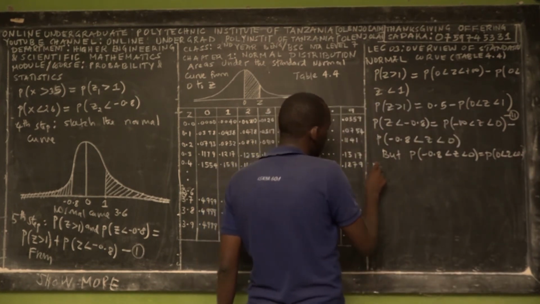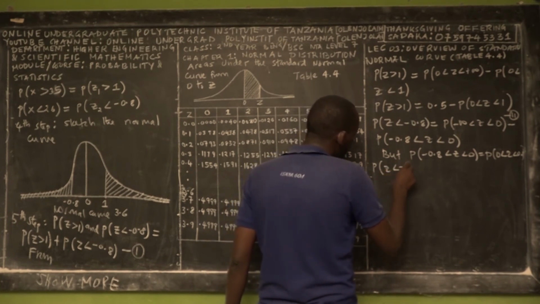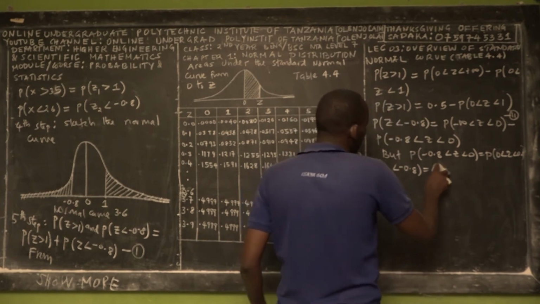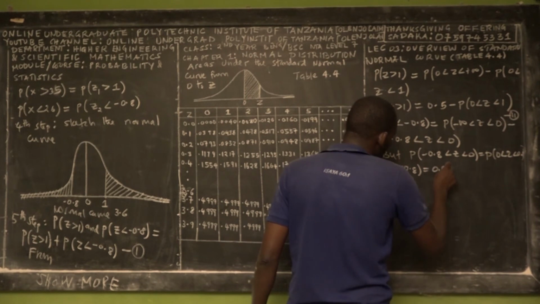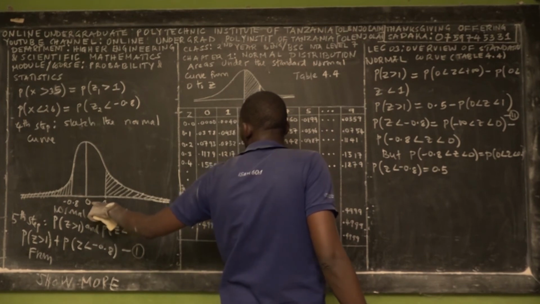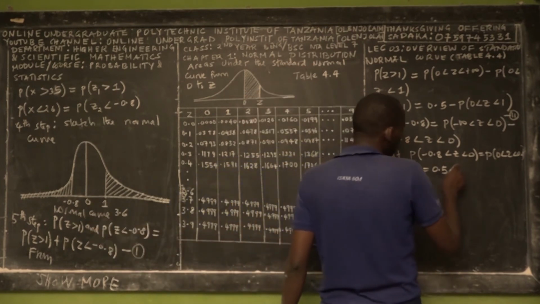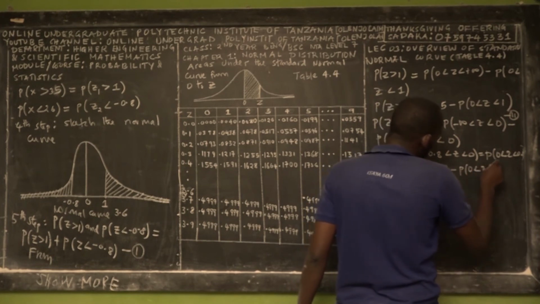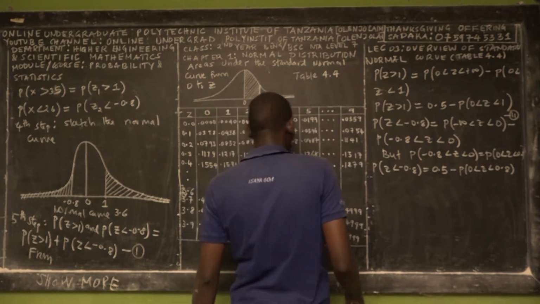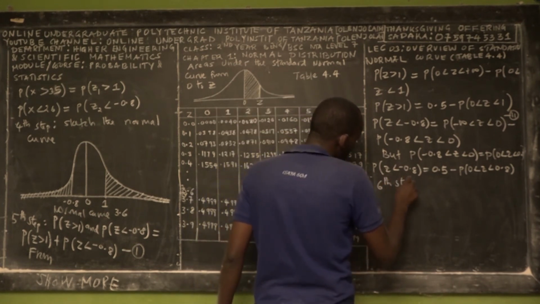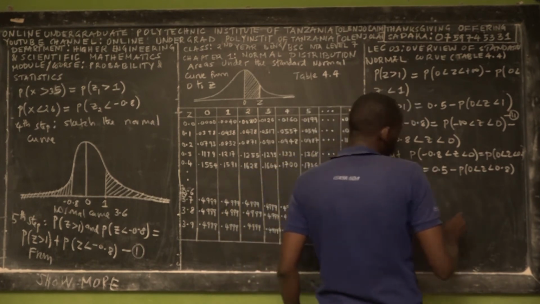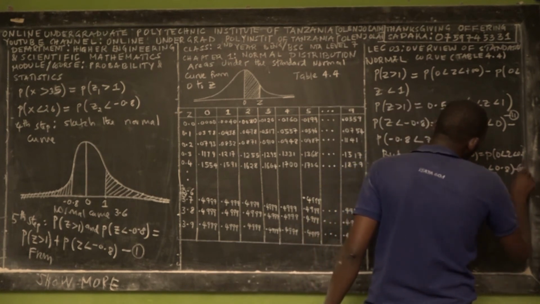So the probability of z less than negative 0.8 is equal to 0.5, because the total area under the normal curve from negative infinity to 0 is 0.5, minus the probability of 0 less than z less than 0.8. So this is equation 3.